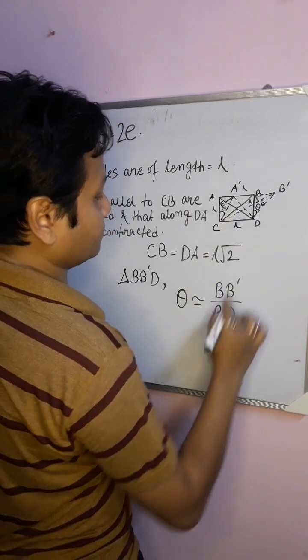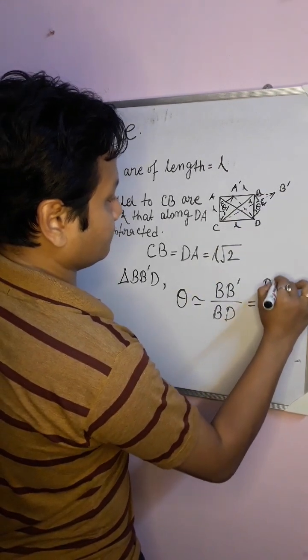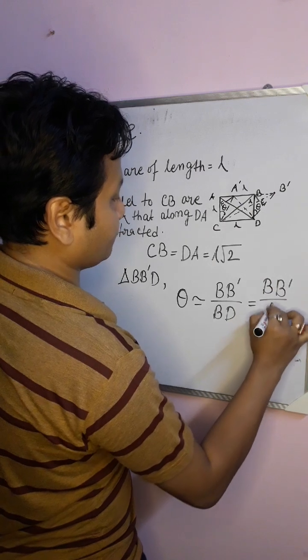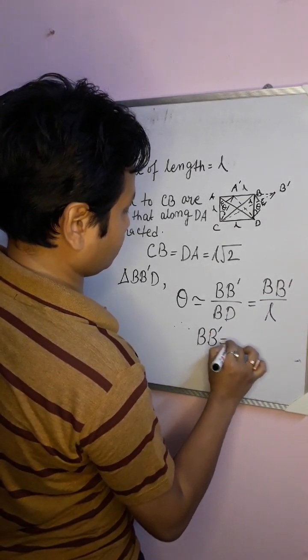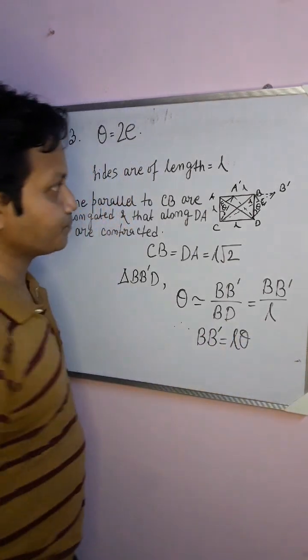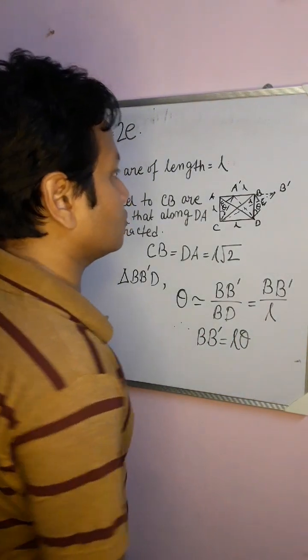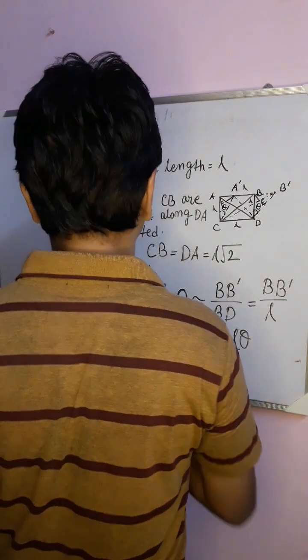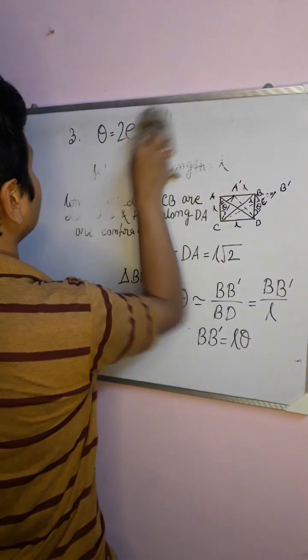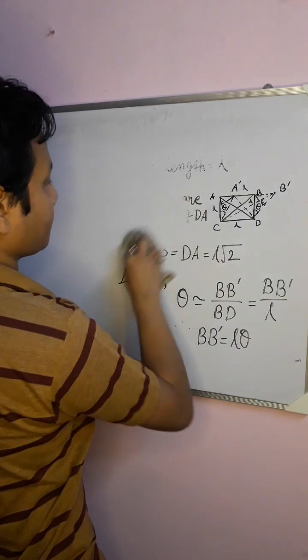Theta equals BB dash by BD, and BD is simply L, so from which we can get BB dash equals L theta.